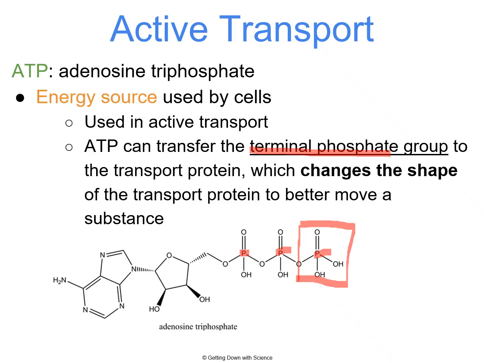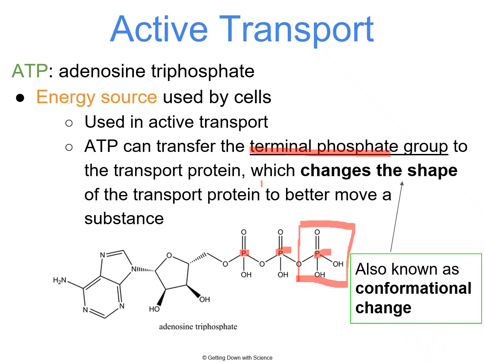Once this phosphate group is removed, energy is released, right? This changes the shape of the transport protein to better move substances. We're going to get into that a little bit more. This is also a type of conformational change. Whenever proteins are changing their shape, this is what we call conformation.